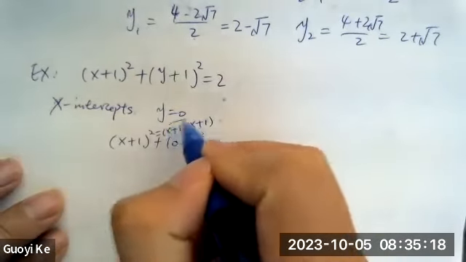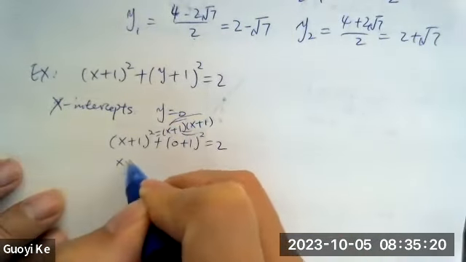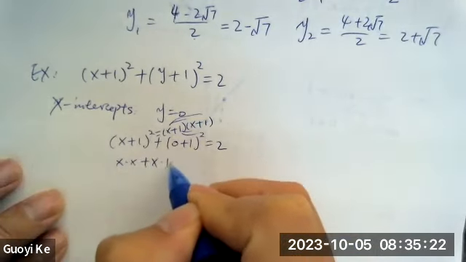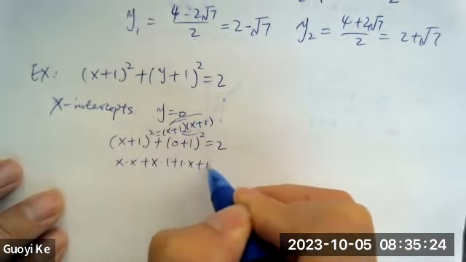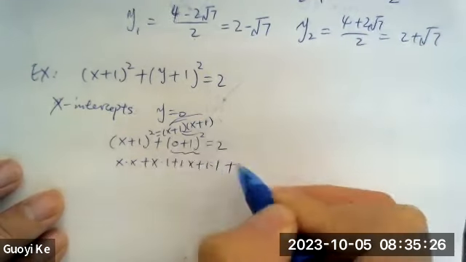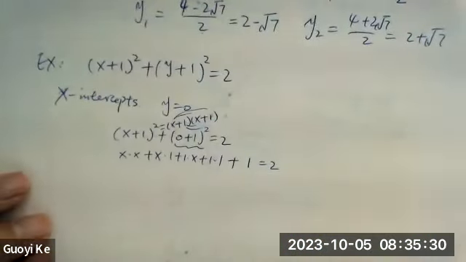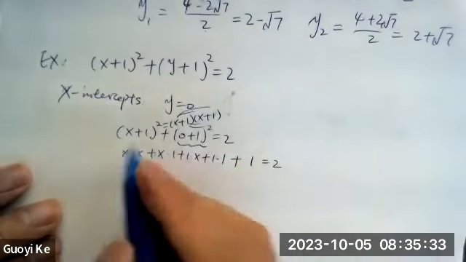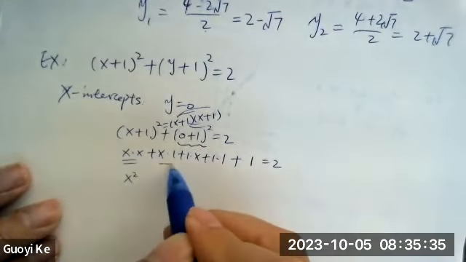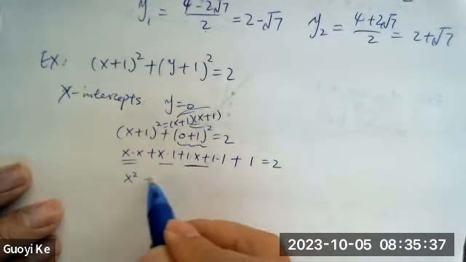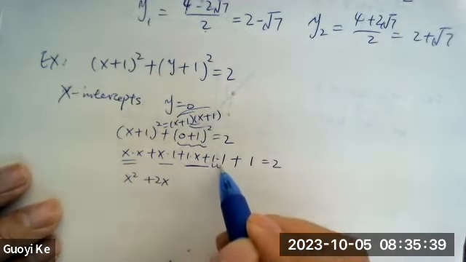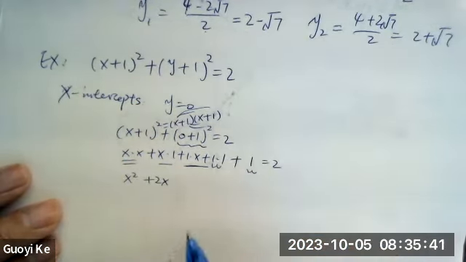Distribution. One times 1, and 1 squared should be 1. Now you can find x squared, x plus x should be 2x. Here's a 1, here's a 1, 2, right?